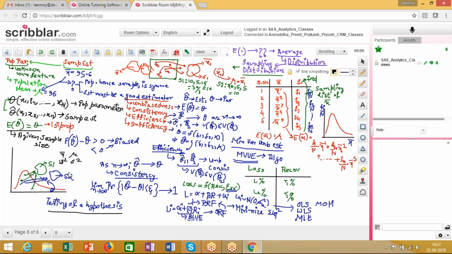So let us see how. We always say that the sample mean is the best predictor for the population mean, and the sample variance is the best predictor for the population variance.